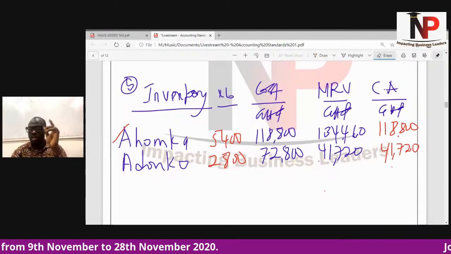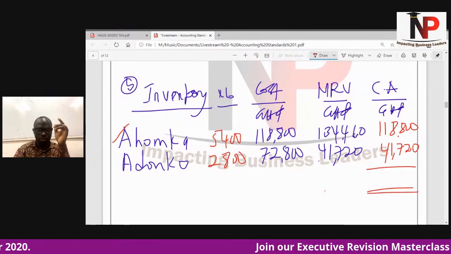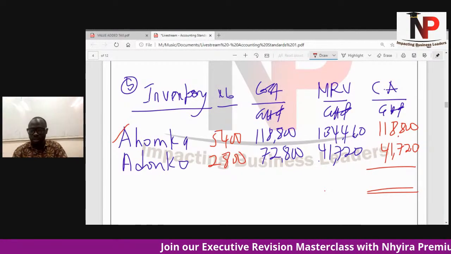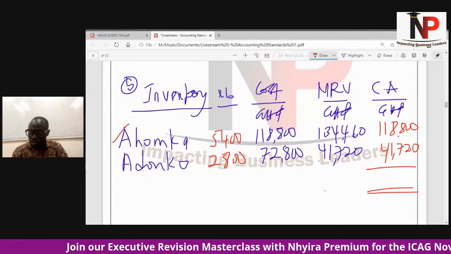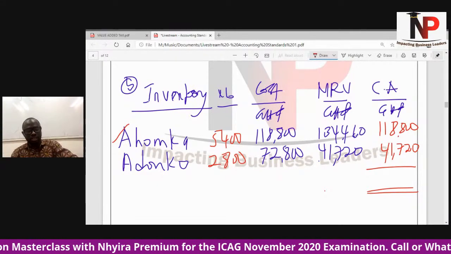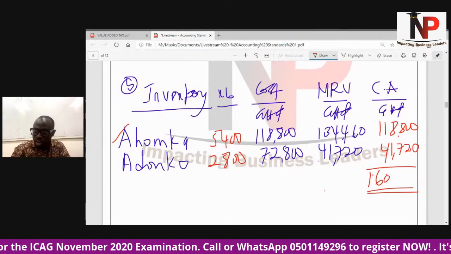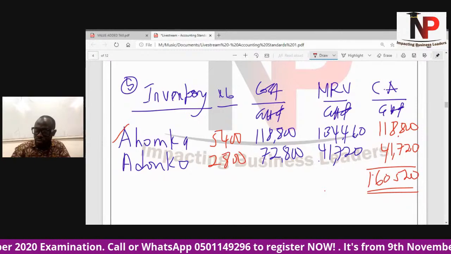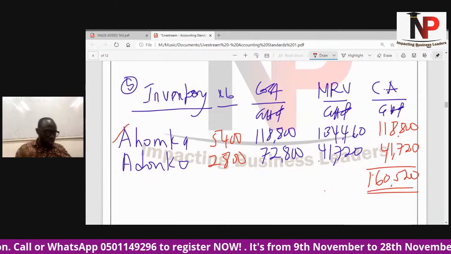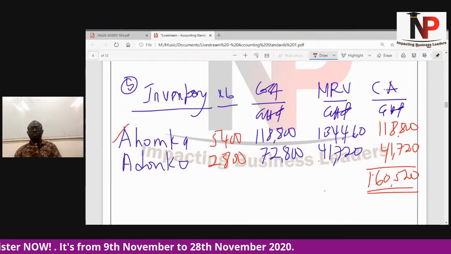So we add the two up, and that will be the total carrying amount of our inventory. 41,720 plus 118,800. That's 160,520. So that is the answer to this question on the inventory.